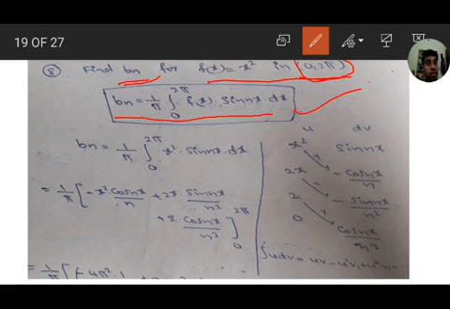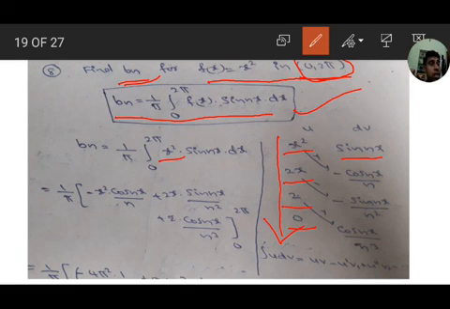So substitute the f of x value, that is x square: 1 by pi integration 0 to 2 pi x square into sin nx dx. So again u and dv. u equal to x square, derivative 2x, derivative 2, derivative 0, successive derivatives. Next dv equal to sin nx.